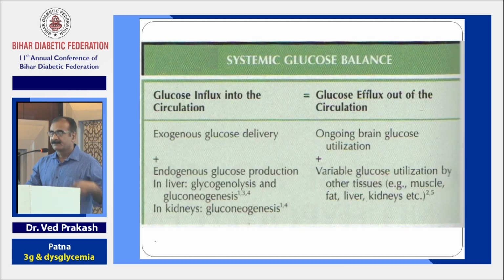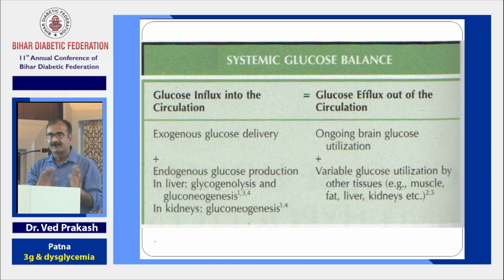Further, systemic glucose balance is maintained by glucose influx into the circulation and glucose efflux out of the circulation. As I have already discussed, glucose influx is mainly by exogenous glucose and endogenous glucose, and glucose efflux is by brain glucose utilization and glucose utilization by other organs like muscles, fat, liver, and kidney.